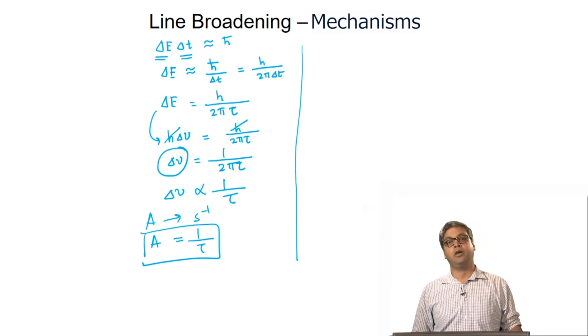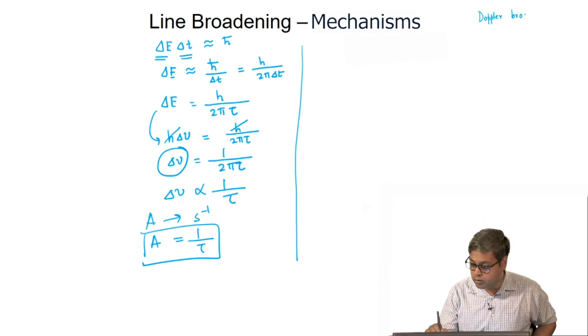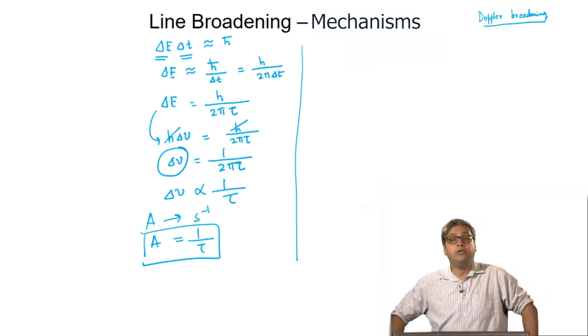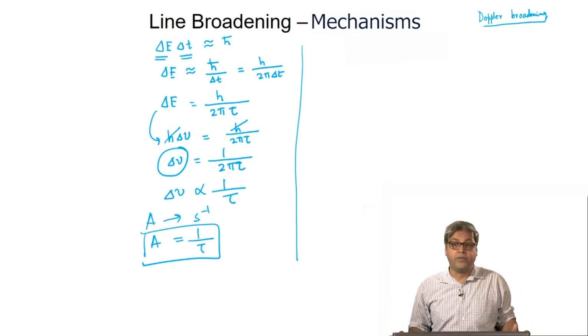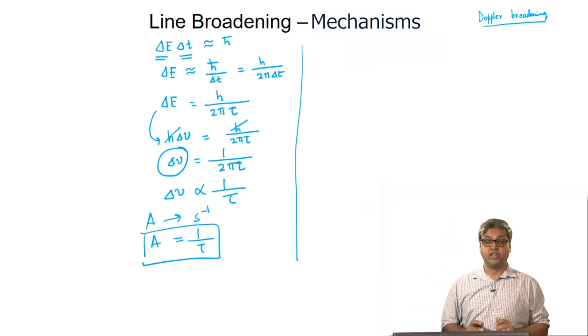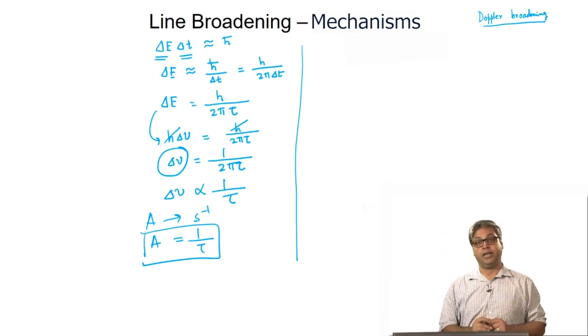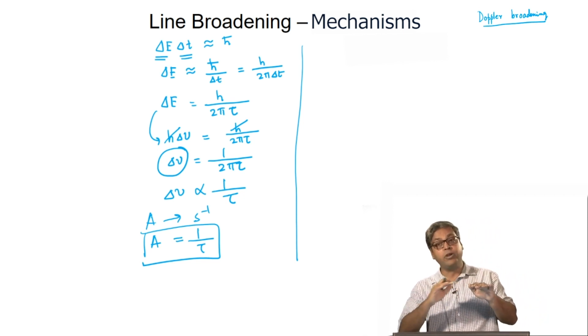One of the most common examples of gas phase inhomogeneous broadening occurs due to Maxwell-Boltzmann distribution of molecular velocities and is called Doppler broadening. When viewed from the frame of the atom, the Doppler effect results in light energy shift or shift in the frequency of light when the source is moving either toward or away from the observer.